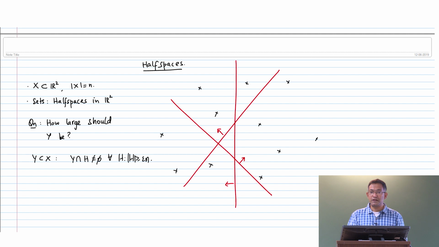So what would you do in this case? On an interval, you picked every 1 over epsilon-th point. Choose an area of epsilon boxes. That will be too many boxes. No, a half space is defined by a line and everything on one side of a line.